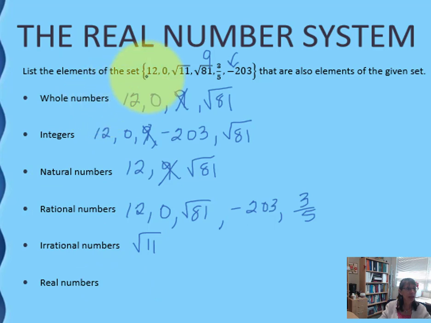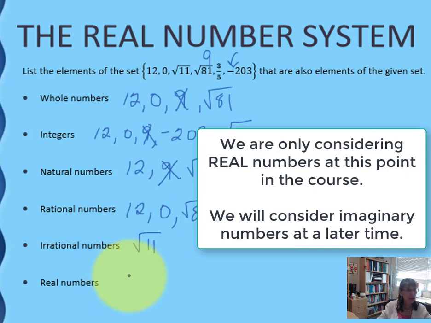So it should be every number listed in the set of elements. So we have 12, 0, square root of 11, square root of 81, 3/5, and -203.